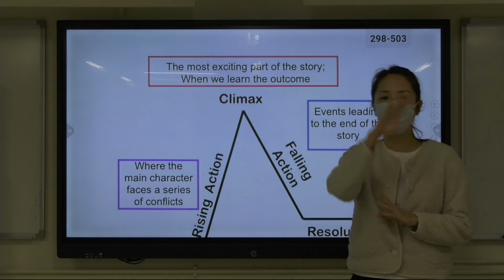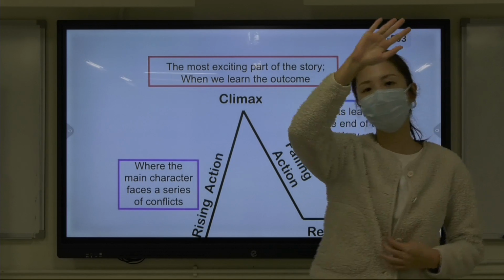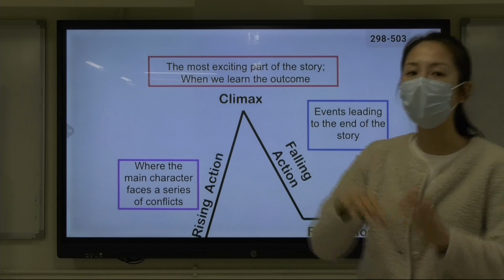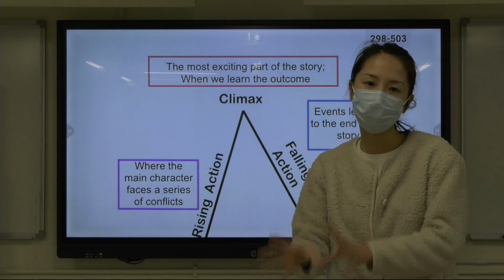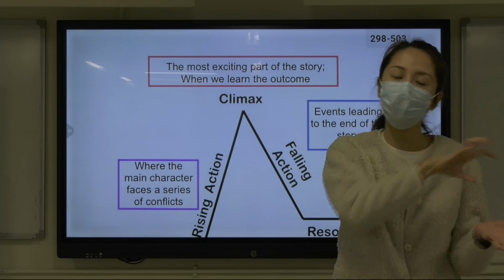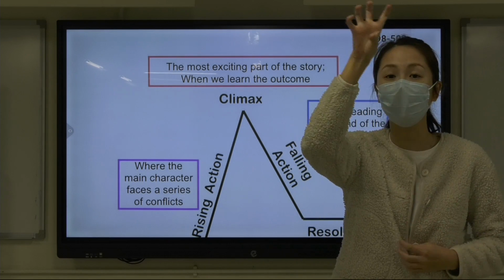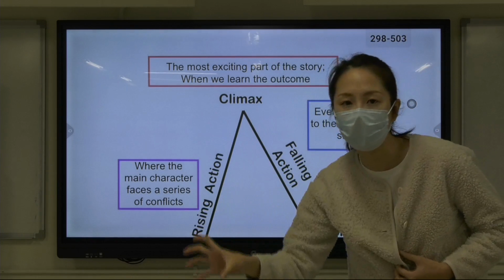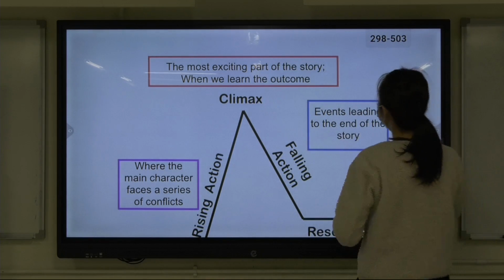And then after all this rising and then the climax, it should be the falling part. So how to make the story go back to where it begins. If you have a problem and the problem becomes a conflict and becomes a fight, and then it goes down by giving solutions.